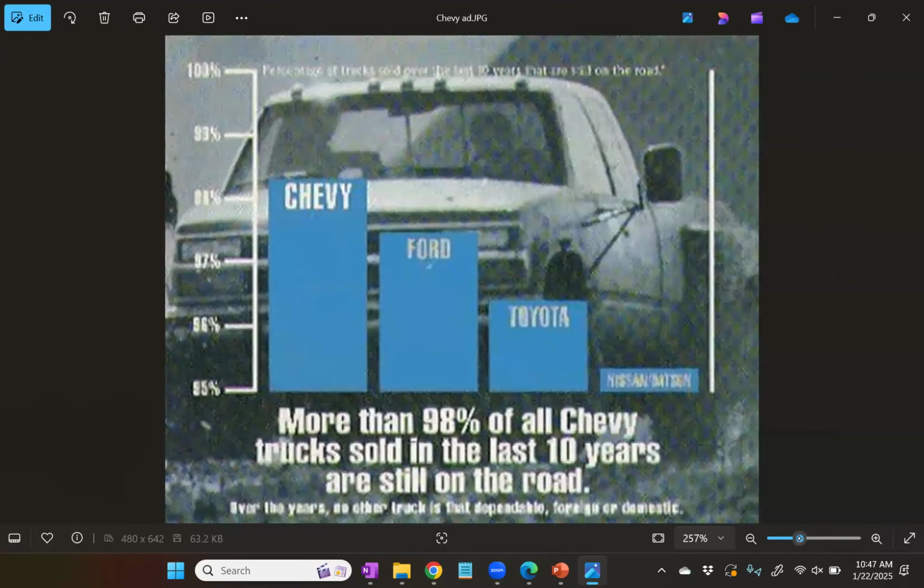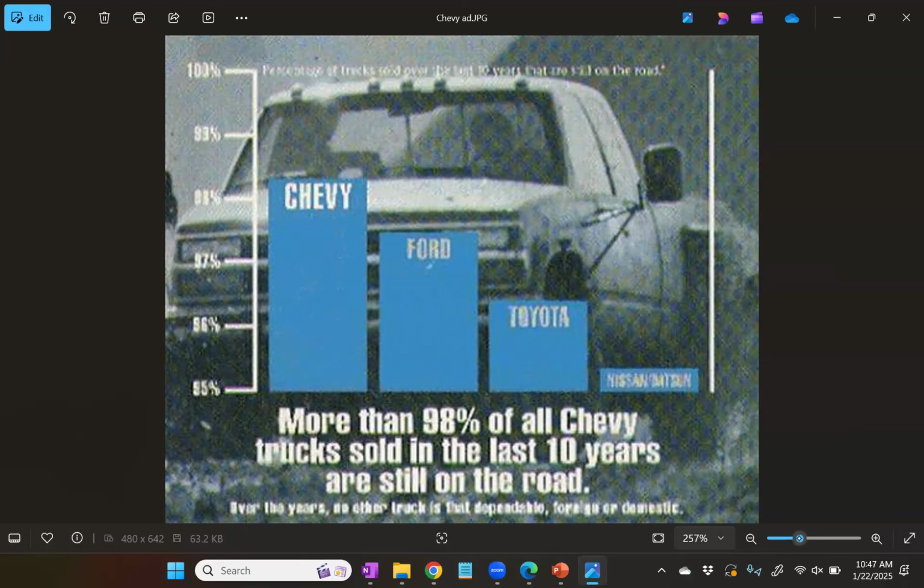Can you see the bar on the left, the percents? What's our lowest percent there? I realize it's a little hard to read. It's pixelated. It came from a magazine. So it looks to me that we go from 95 to 96, 97, 98, 99, 100. So from the far right category, 95% of those trucks are still on the road.